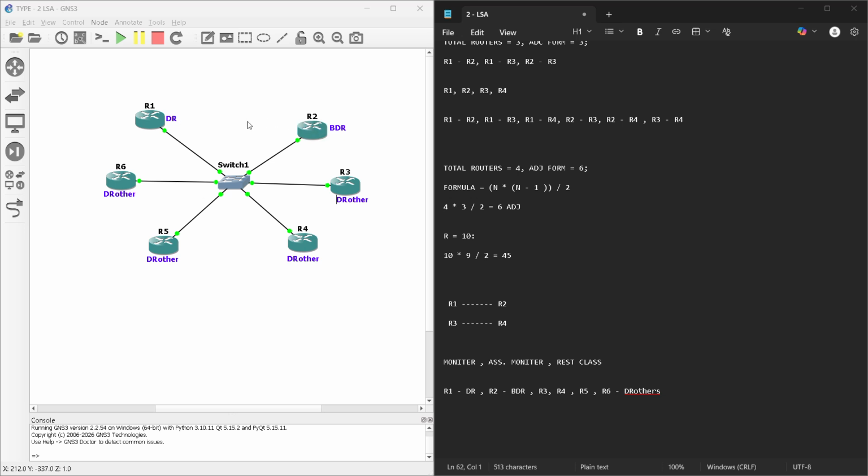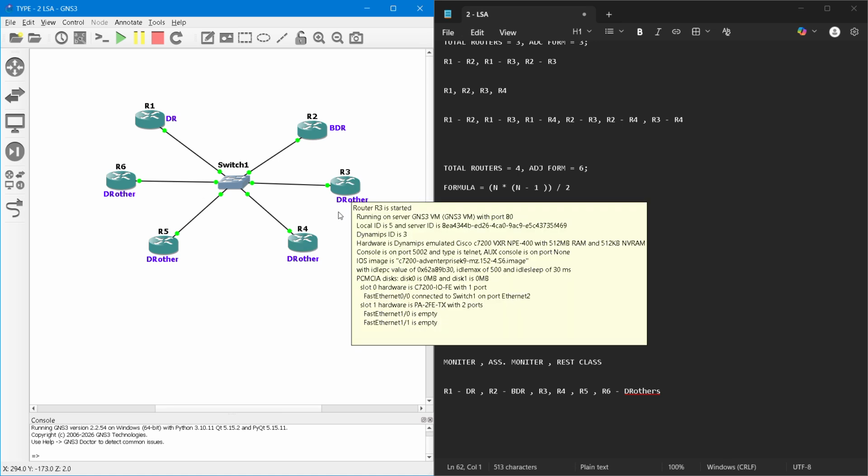Now each DR other, let's suppose R3, will make adjacency only with DR and BDR. They will not make adjacency with all the other DR others, not with R4, R5 or R6, but it will make two-way state or neighborship with them.